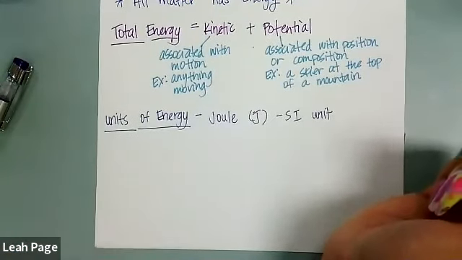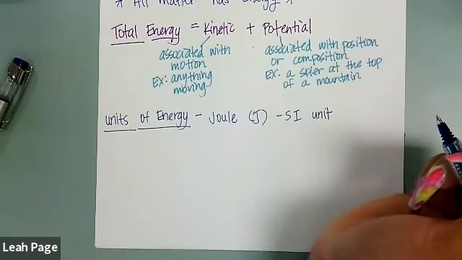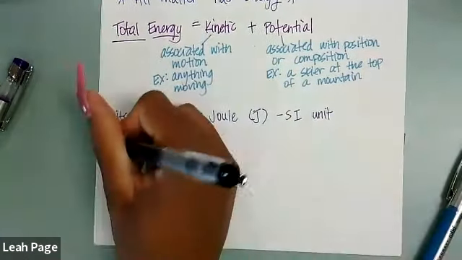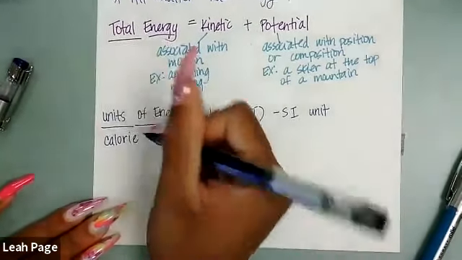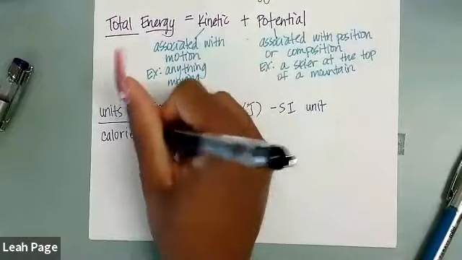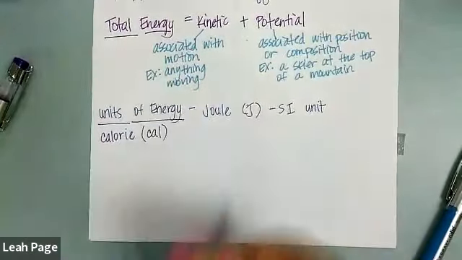Other units that we see when we talk about energy are going to be calories. These are types of energy units, and we abbreviate calories with a lowercase c-a-l.